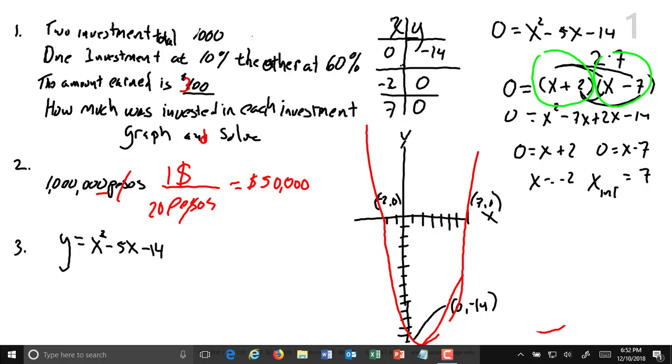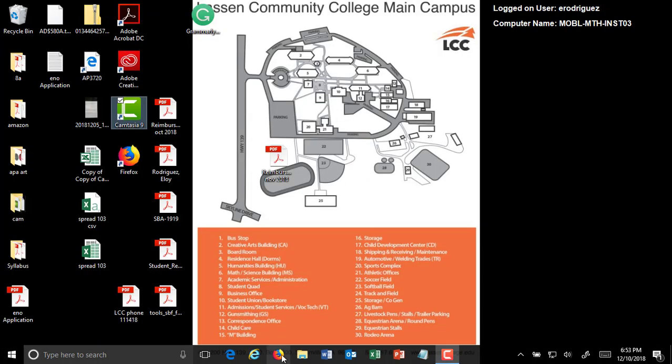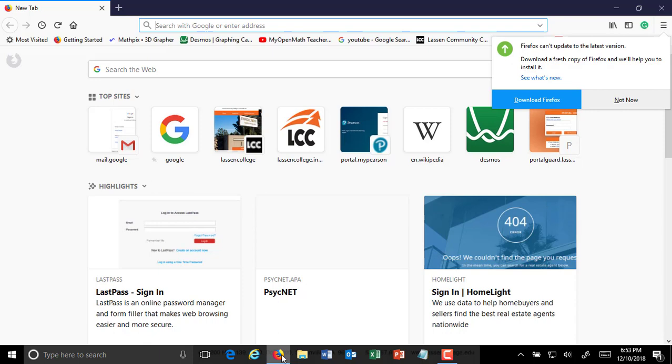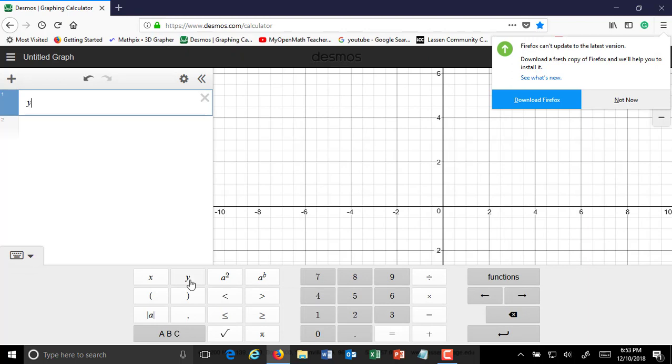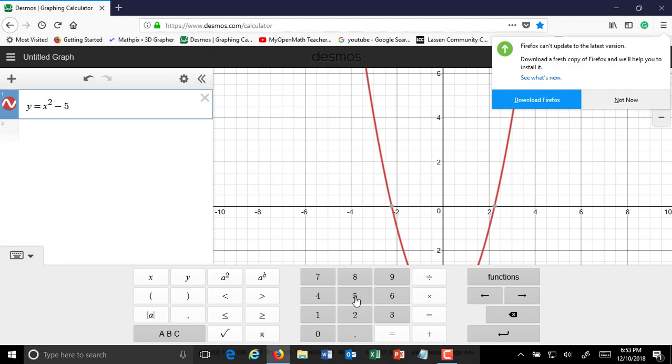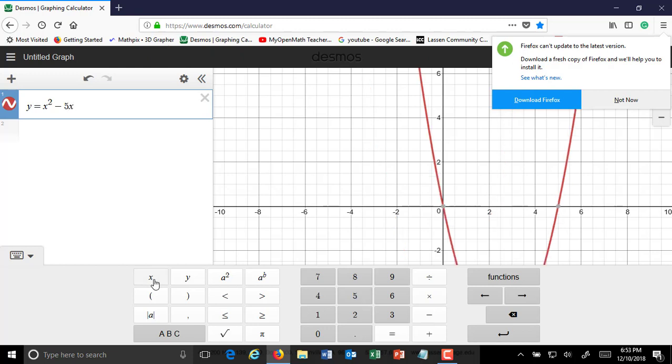That's the graph. Now we have x squared minus 5x minus 14. So now I have y equals x squared minus 5x, and then minus 14.